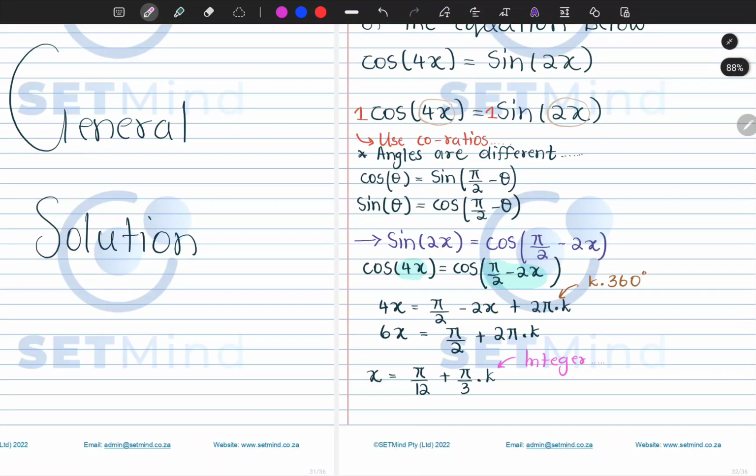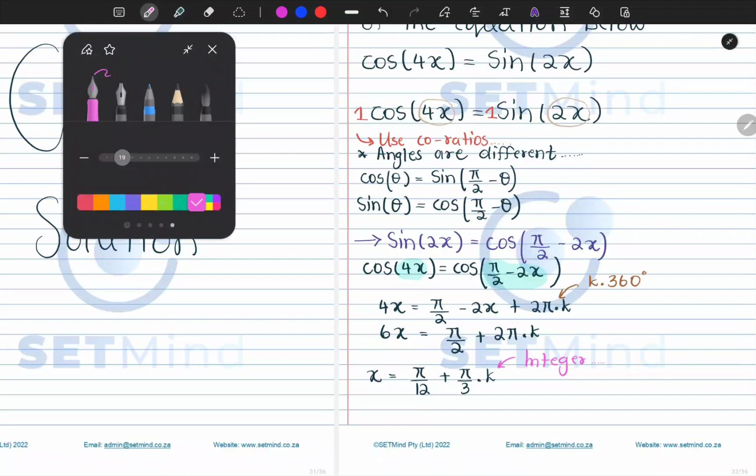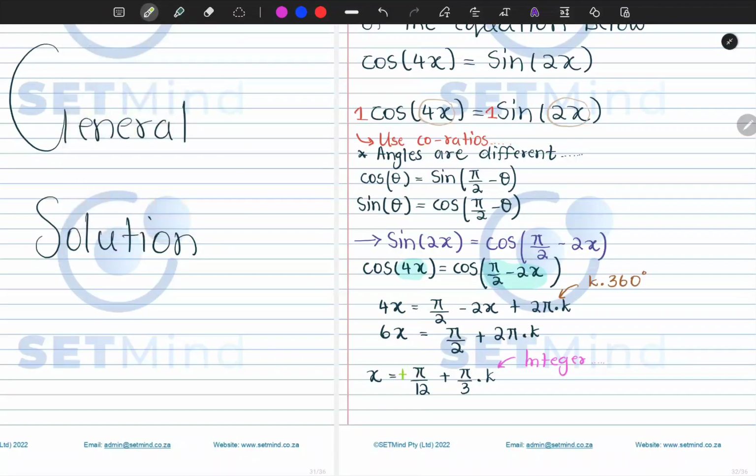But what you need to remember very importantly is that when we are working with cos, our angle can actually be plus or minus, and it will still give us the same thing. So we can go here and put in plus or minus.